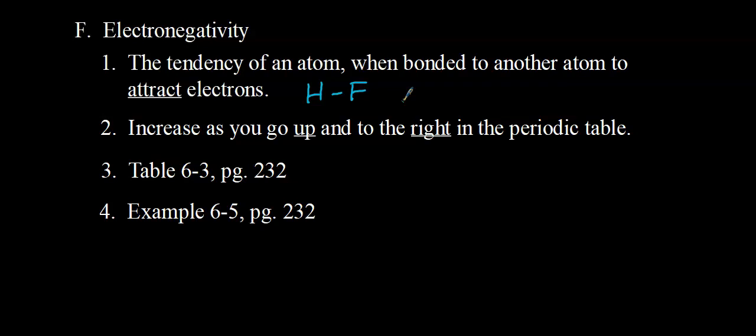This works pretty closely with the predicted trend. So sodium is the furthest to the left. We'd expect its electronegativity to be the lowest. Fluorine is furthest to the right. We'd expect its electronegativity to be the highest. And that is what we see in this example. So again, there'll be a book question where it's better if you use table 6-3 to answer that question, because there are a few that do not follow the trend.